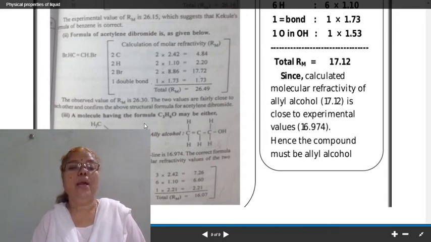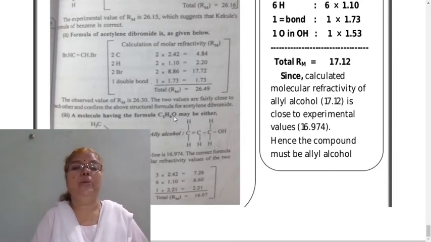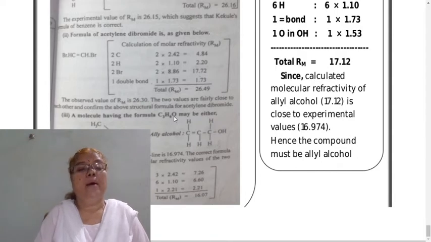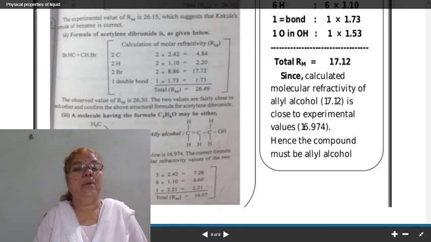Here a molecule having formula C3H6O. See the formula for the molecule, it is C3H6O, and this compound may be either acetone or allyl alcohol, and you know the structural formula of acetone, it is C double bond O, and here CH3 CH3.